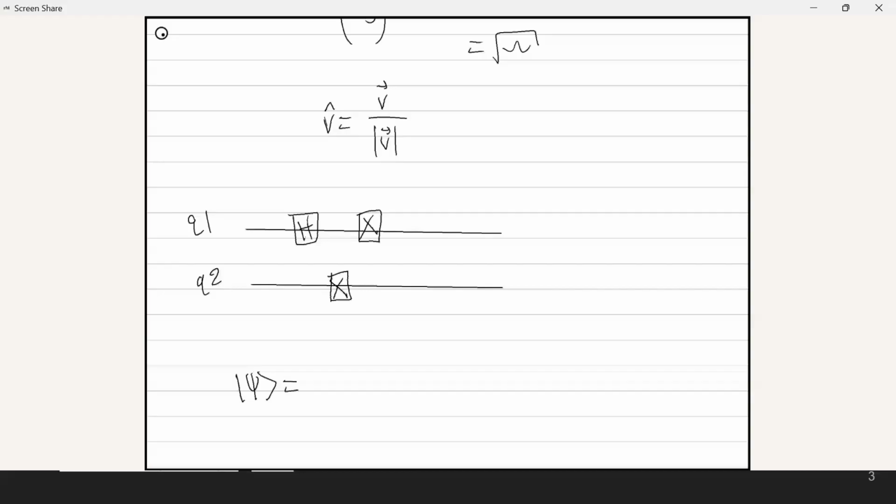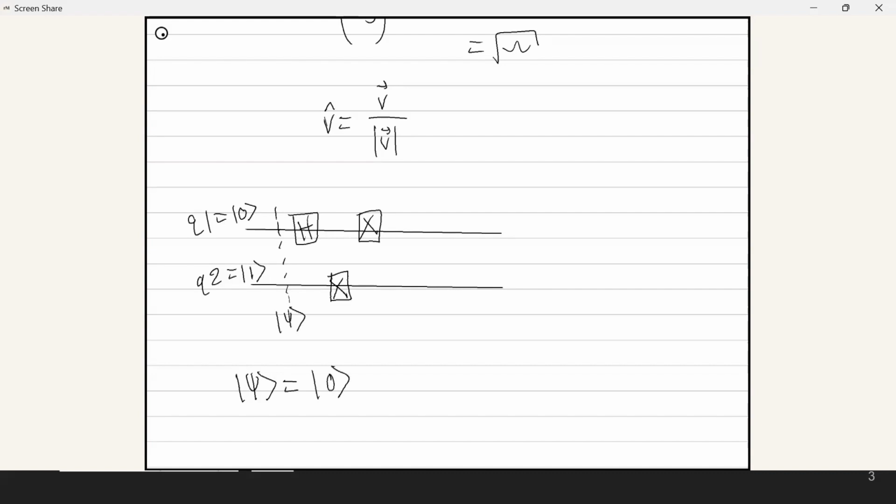So let's just say qubit 1 starts out as 0 and qubit 2 starts out as 1. We're just going to consider the state at this point. So this is where psi is. Then we can basically stack them.